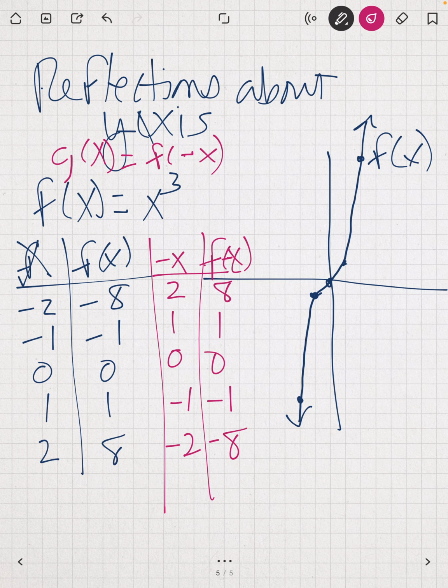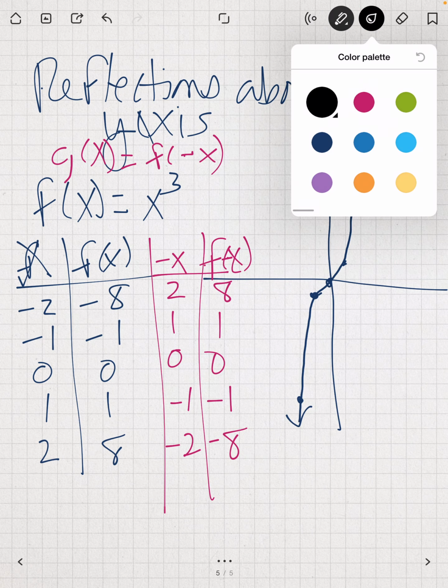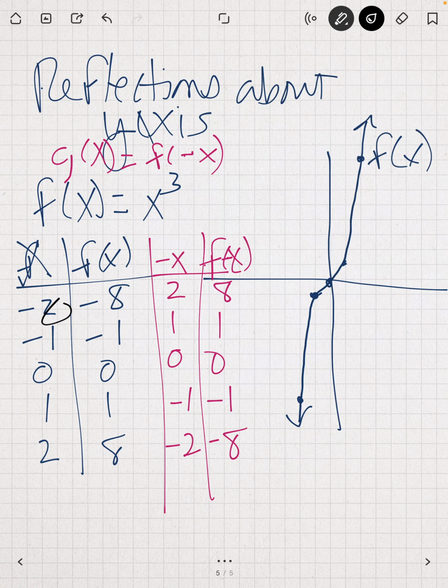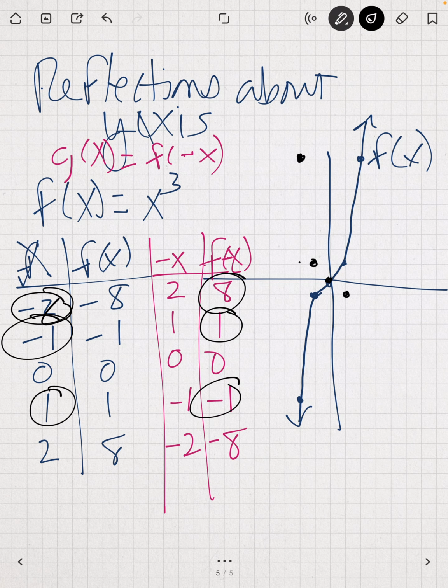But our ordered pairs, be careful, are still negative 2, 8. So negative 2, 3, 4, 5, 6, 7, 8. Negative 1, 1, 0, 0, 1, negative 1, and 2, negative 8. So that now we have something that looks like this.